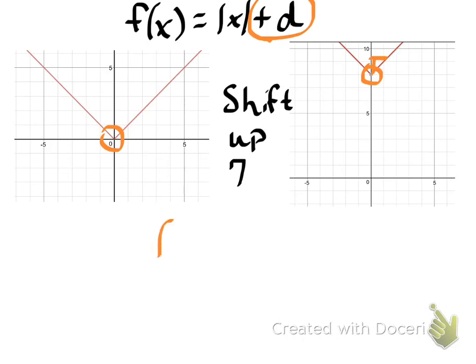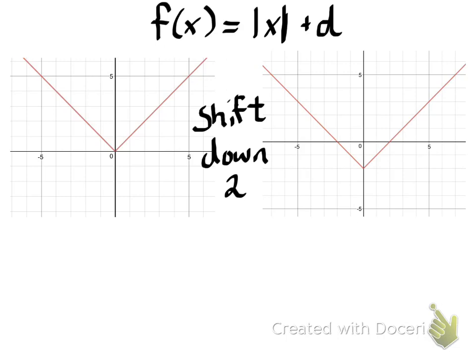Then all you've done to your function is f(x) = |x| plus whatever your shift up is. In this case, the vertex is now 7 units up from where the parent function would have been. So it's f(x) = |x| + 7.